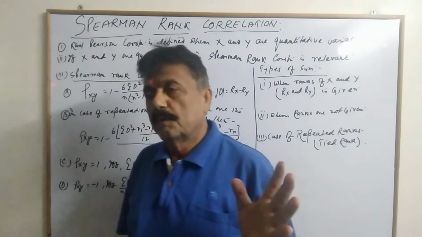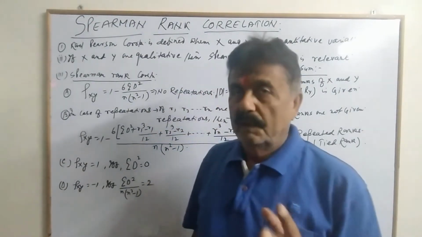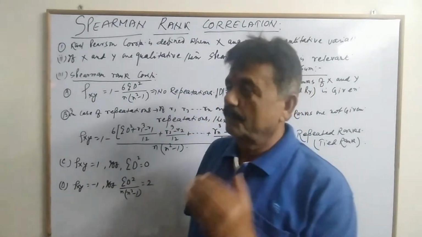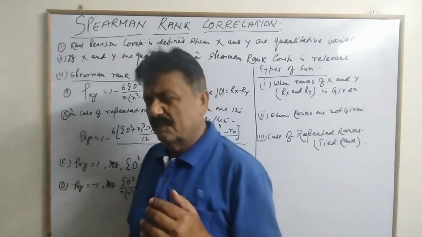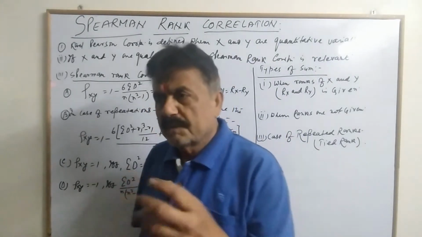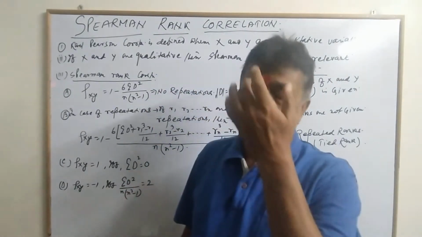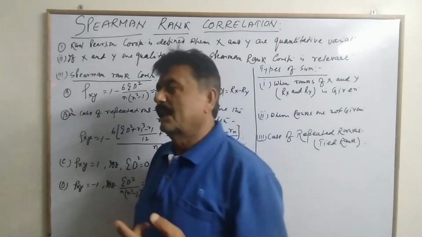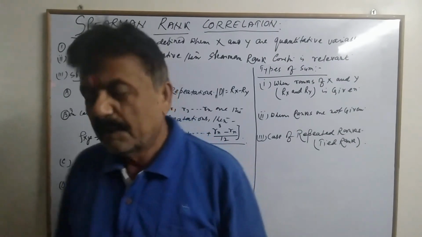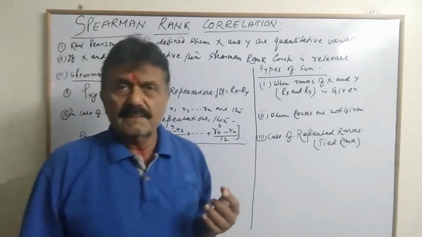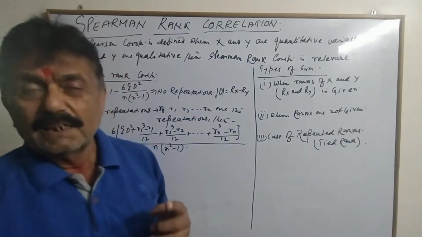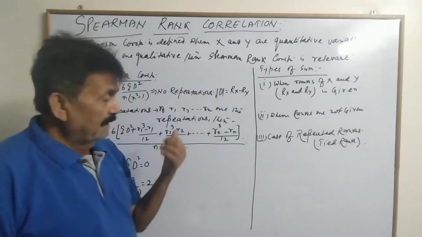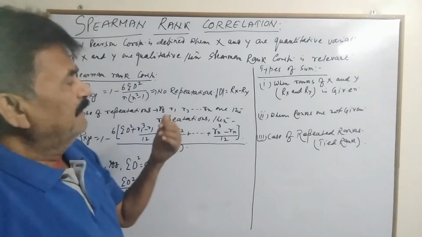But in some situations, variables become qualitative, and then the Karl-Pearson correlation coefficient becomes irrelevant. In that case, we go for another technique, the rank correlation given by Spearman.